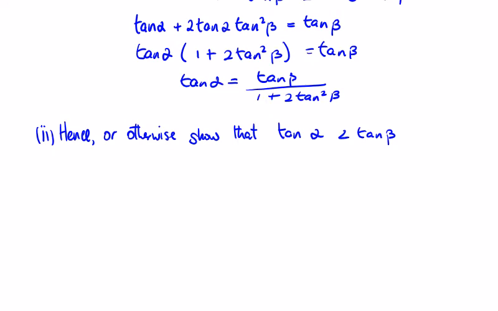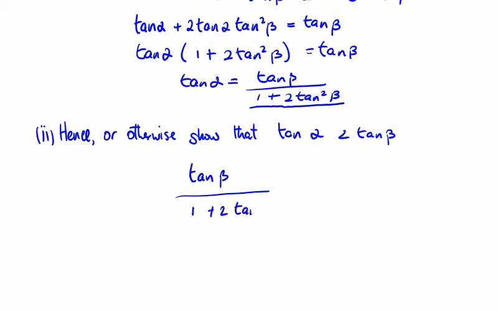The final part of this question, you're asked to hence or otherwise show that tan alpha is less than tan beta. Tan alpha is equal to this whole thing on the right. Tan squared beta is greater than 0, so the bottom is greater than 1. If the bottom is greater than 1, it would reduce the value of tan beta. If tan beta was 5, it would reduce it to less than 5 because we're dividing by a number greater than 1.